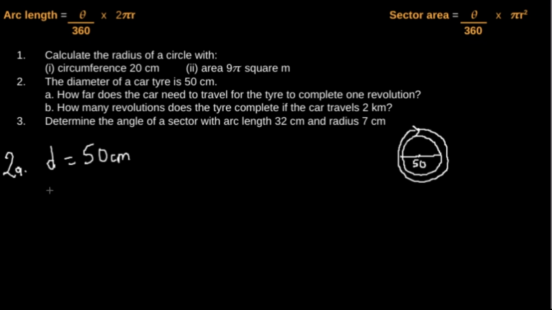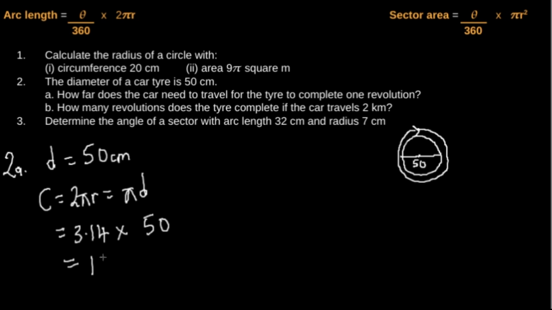So remember, the formula for the circumference of a circle is 2 pi r, which is the same thing as pi d. And our pi in this case is 3.14 times, what's our diameter? 50. So we'll just calculate that. 3.14 times 50 will give you 157 centimeters.